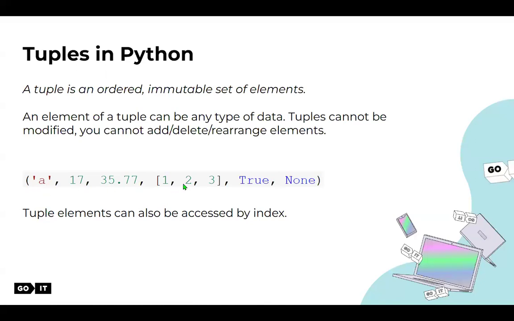That means the order of the values within the parentheses in this case. So A will be index 0, 17 will be index 1, 35.77 index 2, so on and so forth. Tuloy-tuloy lang yan. But because Python follows zero-based indexing, it will start from 0, not 1, but 0. And you have to keep that in mind.